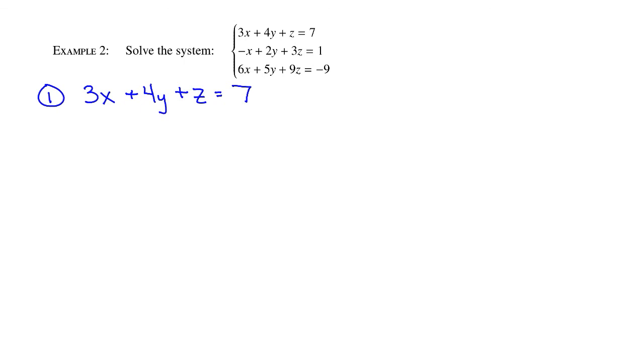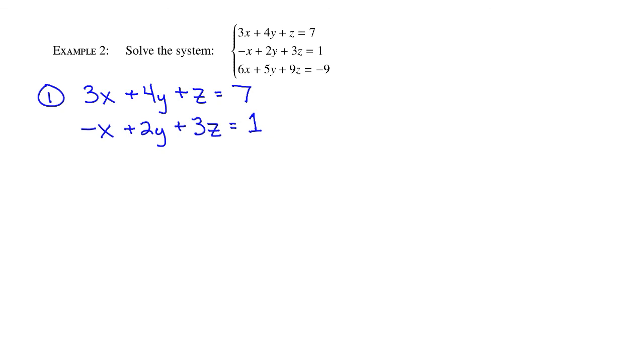And I'll pick the middle equation, negative x plus 2y plus 3z is equal to 1. We're going to solve this as a system using addition-elimination method. So I want to eliminate the x.